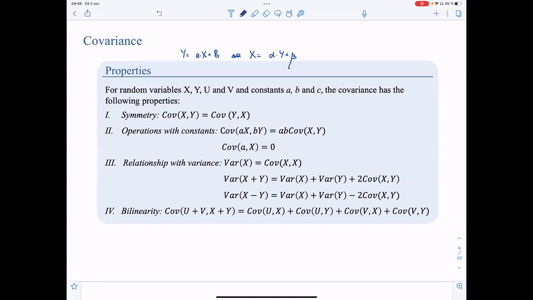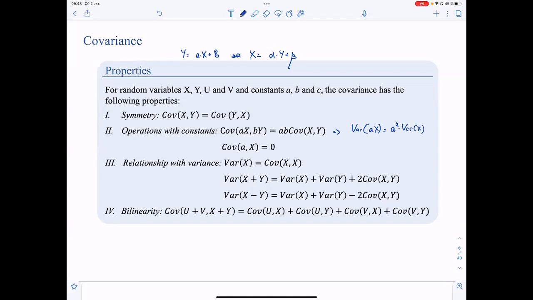The operations with constants. If both of your variables are multiplied by constants, then these multiplicators are going outside of the covariance and they multiply it by themselves. And actually, this does underpin the statement that a variance of AX equals A squared times the variance of X, if you recall the property of variance.